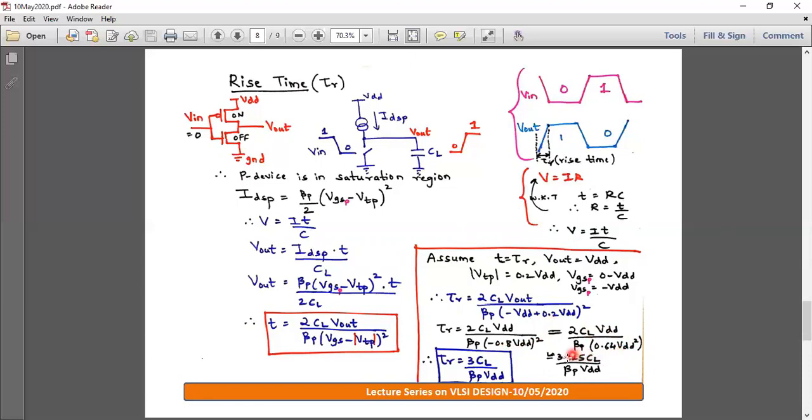So once you simplify, you'll get 3.125 CL by beta P VDD. So rise time is approximately equal to 3 CL by beta P VDD. So when input is 0, your output node rises to VDD. That is, the capacitor charges to VDD.